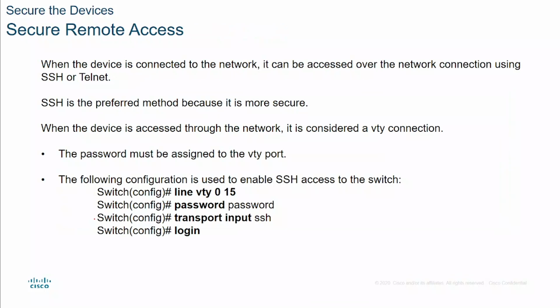Then also secure remote access. When the device is connected to the network, it can be accessed over the network connection using SSH or Telnet. SSH is the preferred method because it is more secure. When the device is accessed through the network, it is considered a VTY connection, so the password must be assigned to the VTY port.